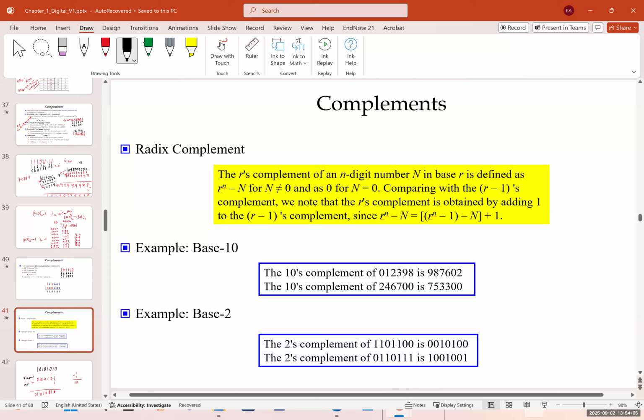Again, for the base of 2, the 2's complement of 1101100 is 0010100, and the 2's complement of 0110111 is 1001001.